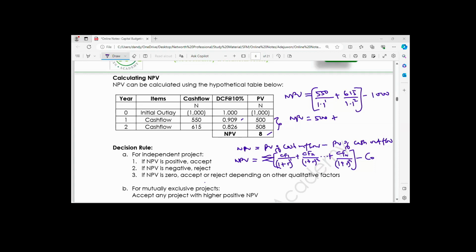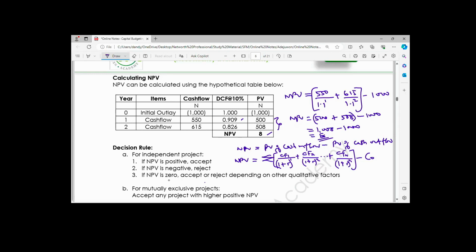Therefore, I have 615 divided by 1.21 equals 508.26. Forget about the decimal points. So minus 1,000. When I add up, this will give me 1,008 minus 1,000. So this is equal to 8. My NPV is equal to 8.